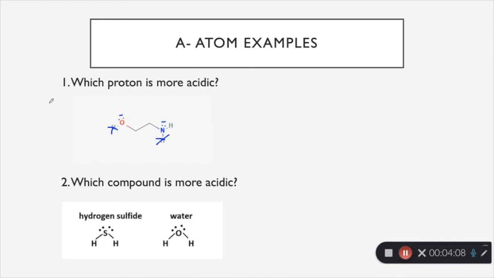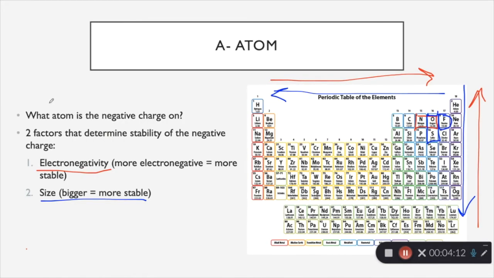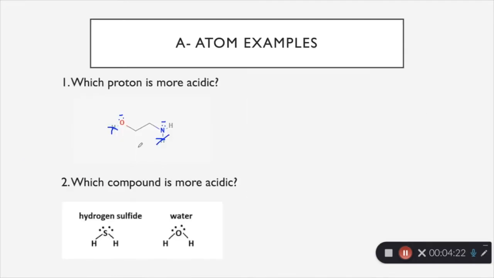So now you say, okay, which one is more acidic? You're going to go back to the periodic table. You see that nitrogen and oxygen are horizontal to each other, so you're going to look at the electronegativities. Oxygen is more electronegative than nitrogen, so the oxygen is going to hold the more acidic proton.